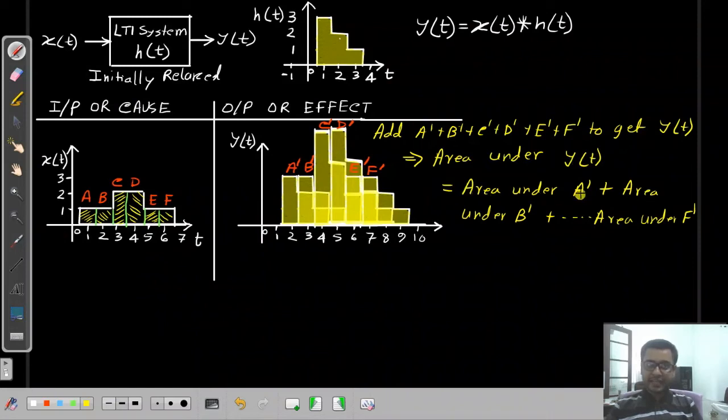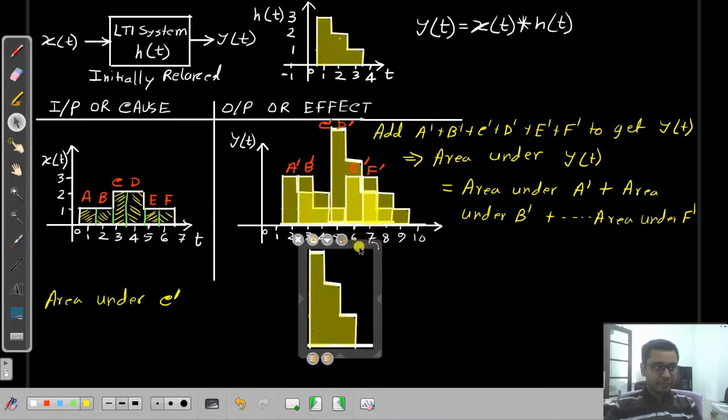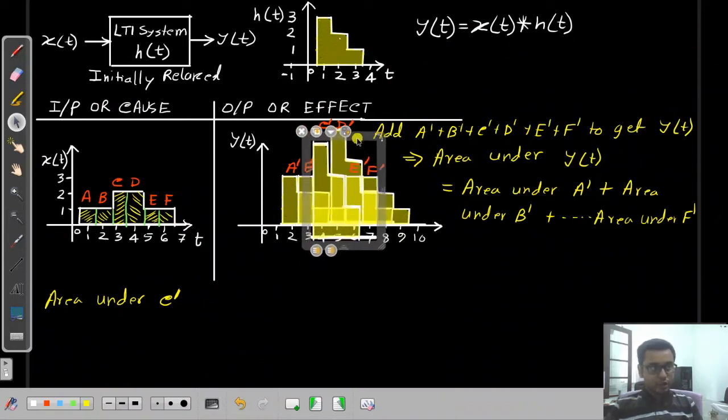Now how much is the area under A prime? Okay, or let me consider say area under C prime. So let me bring it out. So this is C prime. This is the effect due to this particular impulse. Okay, so how much is this area?